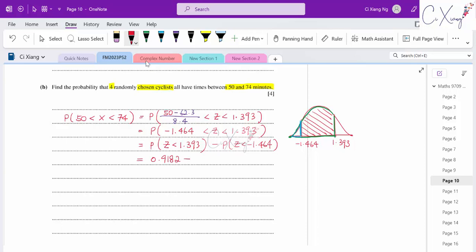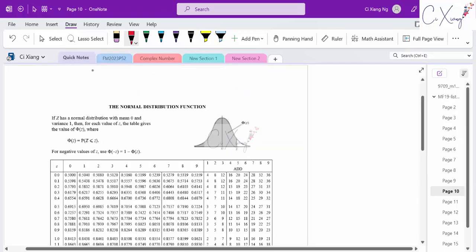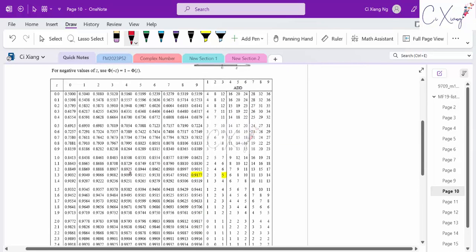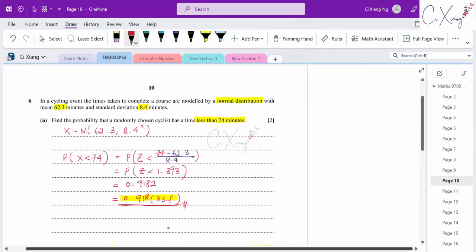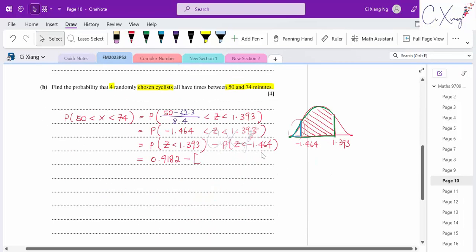Minus, to get the area of z smaller than negative 1.464, this area, if you reflect it to the right hand side, it will be a small area as well. So to get the value, I need to take 1 minus. So no matter how, I will just focus on the value for 1.464 first.